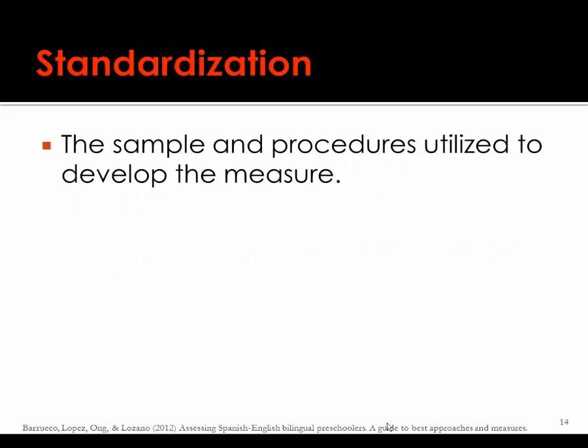Another important issue is the standardization. That is, the sample, the population that was tested in order to come up with the norms. So we need to care about the sample in itself and also the procedures that were used to recruit that sample.